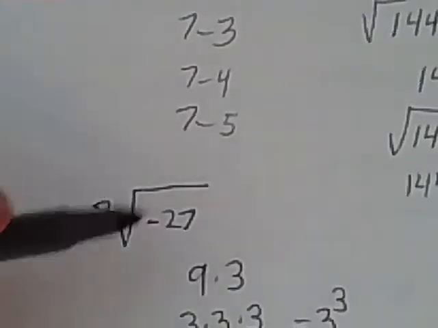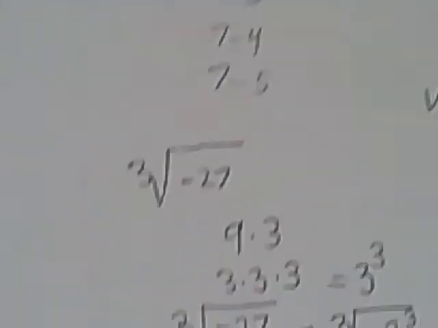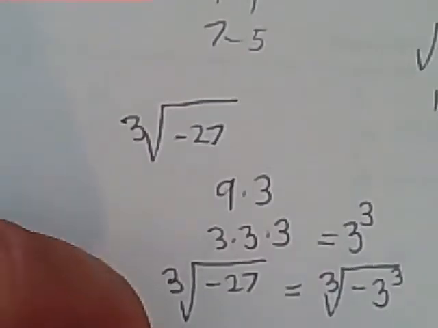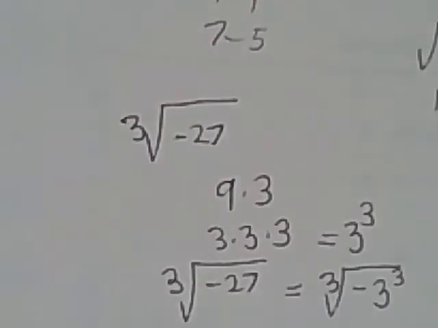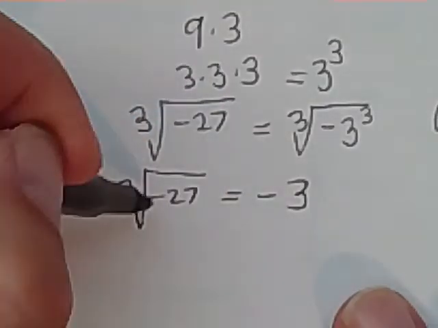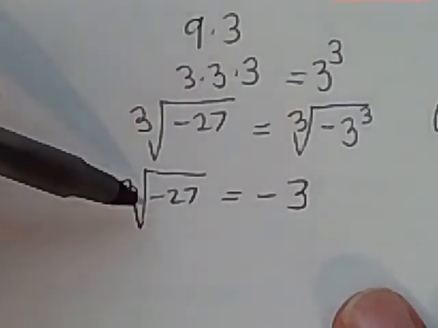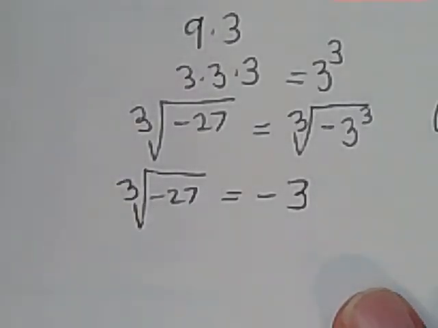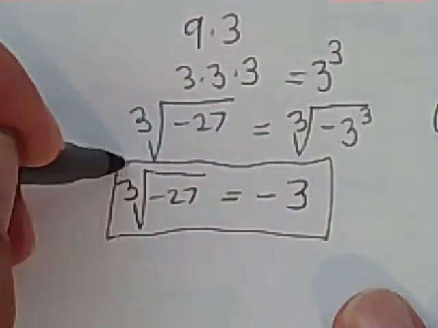So even though there's a minus sign underneath the radical sign here, there does exist a real root for this situation. The cube root of negative 27 is negative 3. Now that's the only real root. If I try to plug in x equals positive 3, I won't get negative 27, I'll get positive 27. So in this situation, there's only one real root.